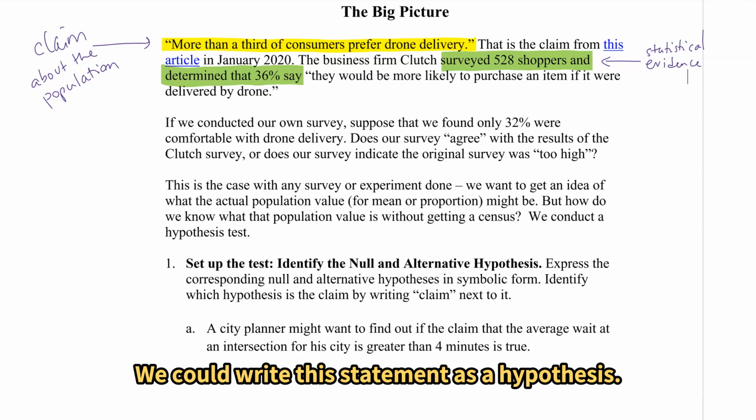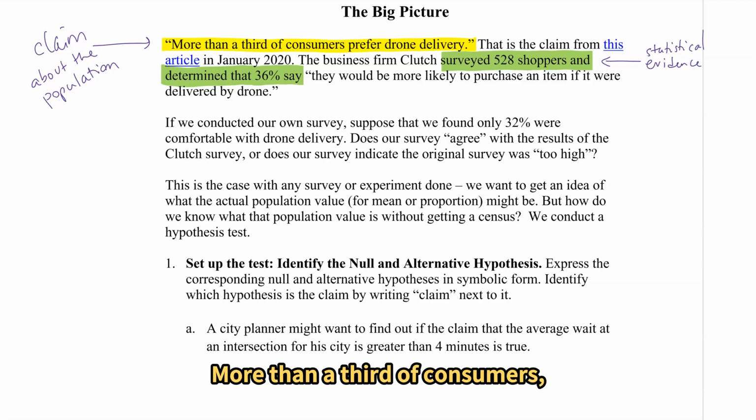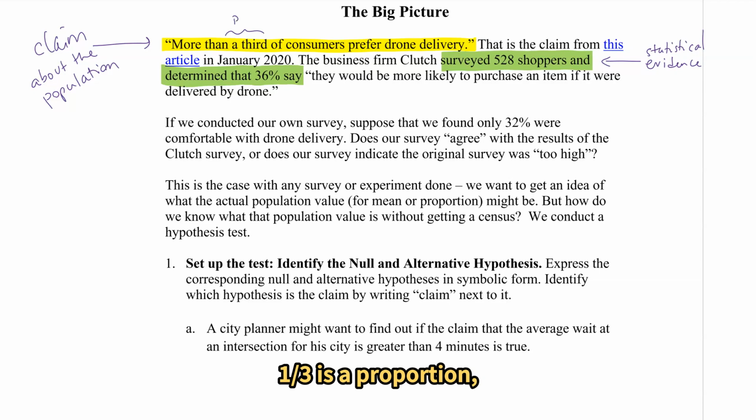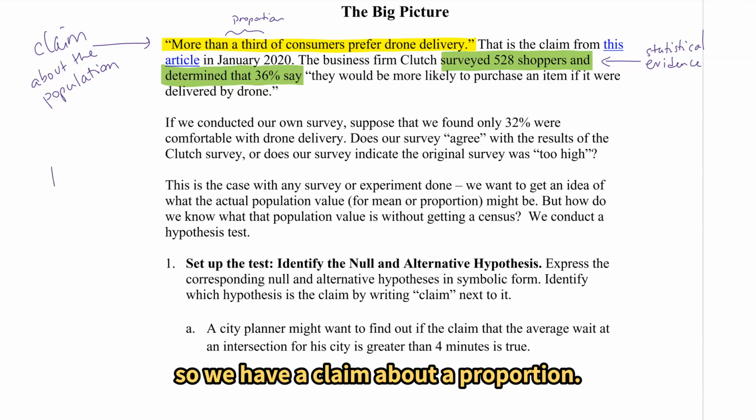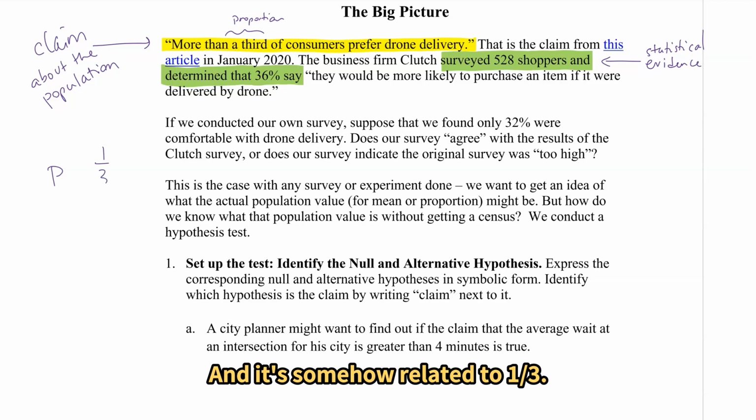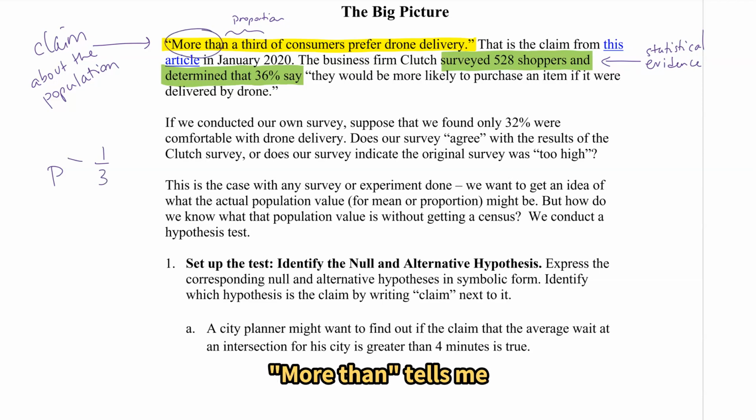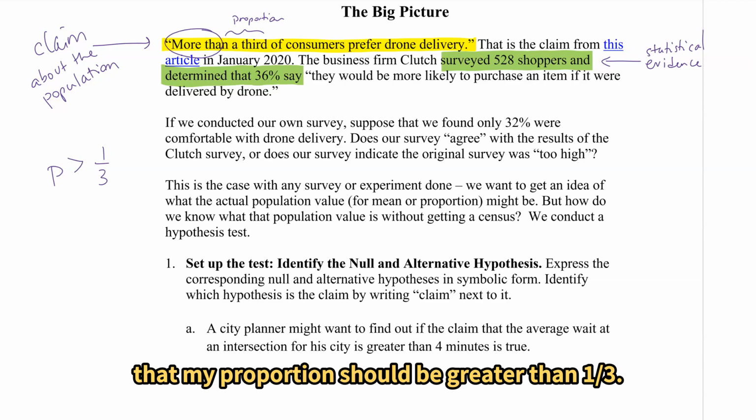We could write this statement as a hypothesis: more than a third of consumers. One third is a proportion, a part of the whole. So we have a claim about a proportion, and it's somehow related to 1/3. More than tells me that my proportion should be greater than 1/3.